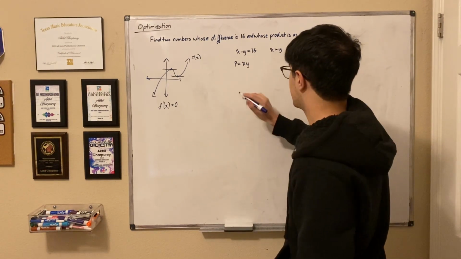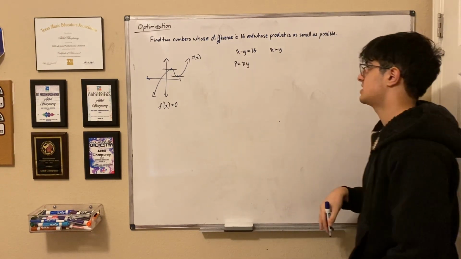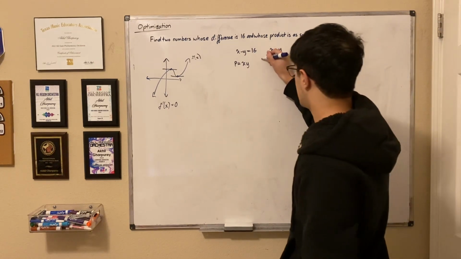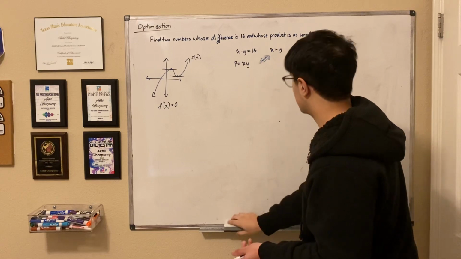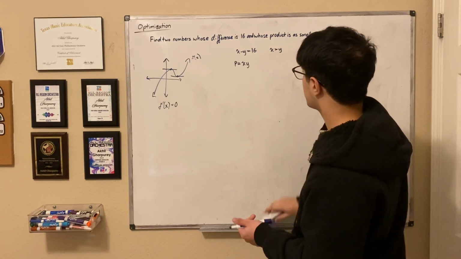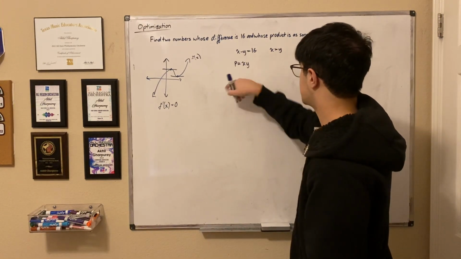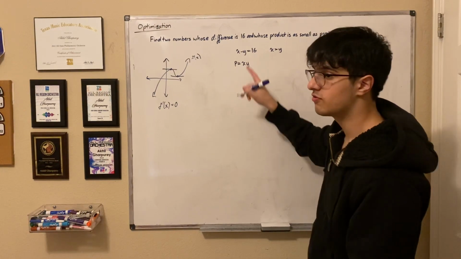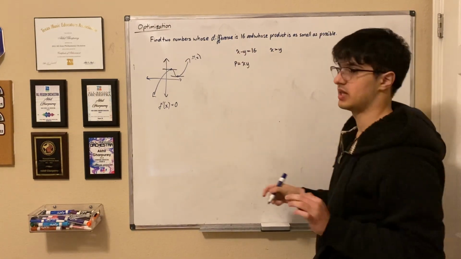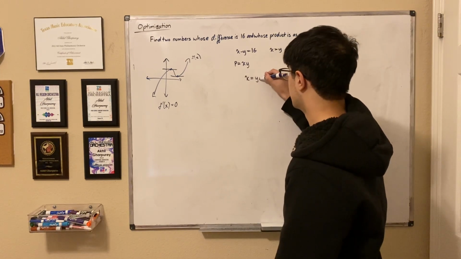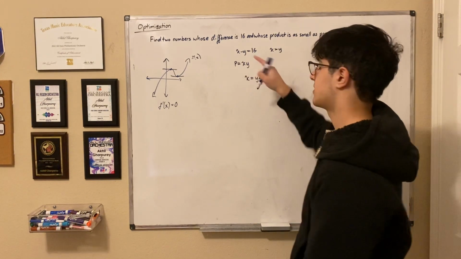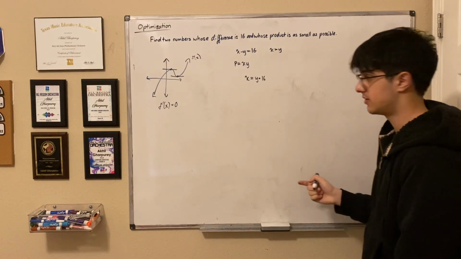So here's what we know. If we take this constraint here and solve for one of the variables, x or y, let's do x in this case. We know that x is equal to y plus 16, and we get that just by moving this y to the other side.